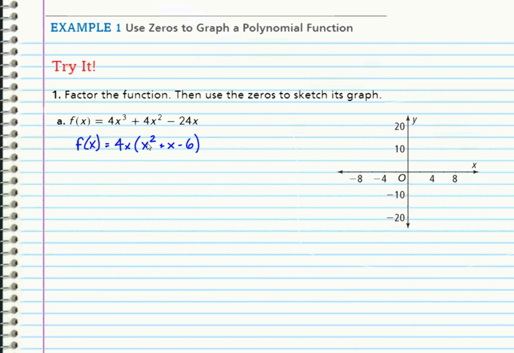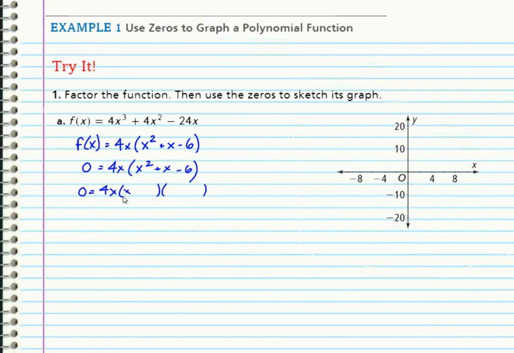What we're going to do now is find the zeros. So I need to set the whole thing equal to 0. I'm just going to rewrite it. And now I'm going to see if I can factor this trinomial, this quadratic. So I have 0 equals 4x times, and I'm looking for something like this.